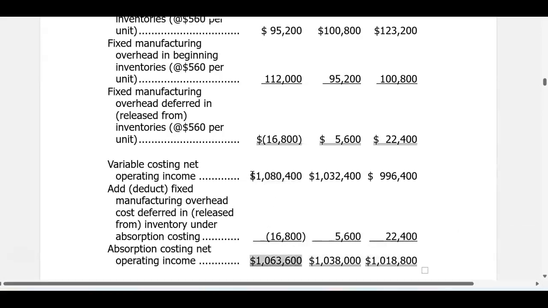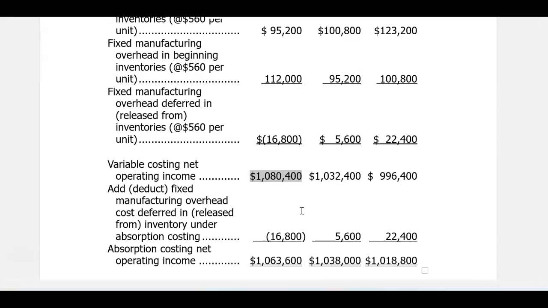Now let me repeat whatever I said. Under variable costing, if you produce less and sell more, then your net income will be more. Whatever I said like 10 minutes ago, remember I said under variable costing, if you produce more, sell less, net income is less.